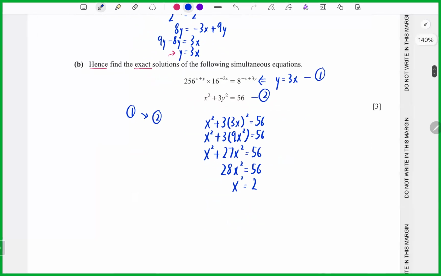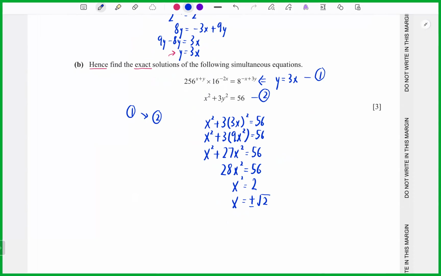Now write in square root: positive, negative square root 2. Now we have got two values.